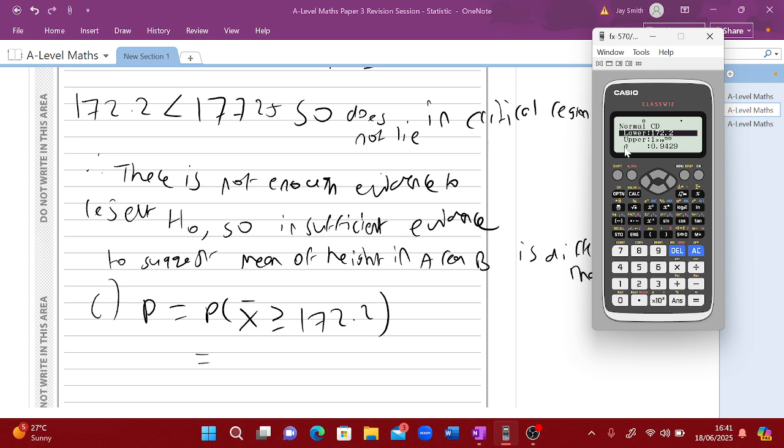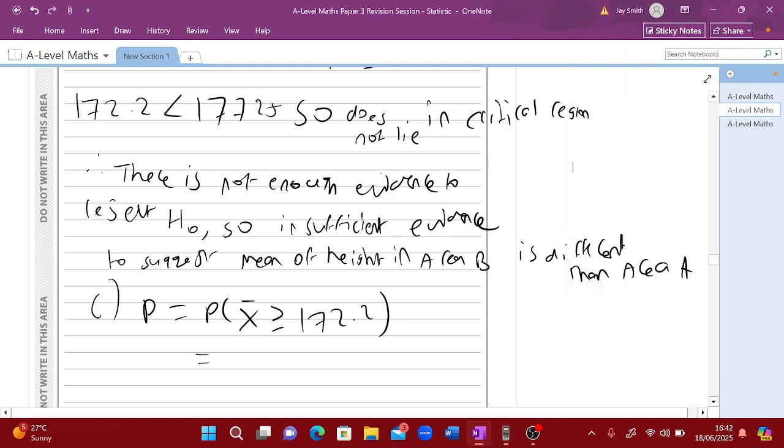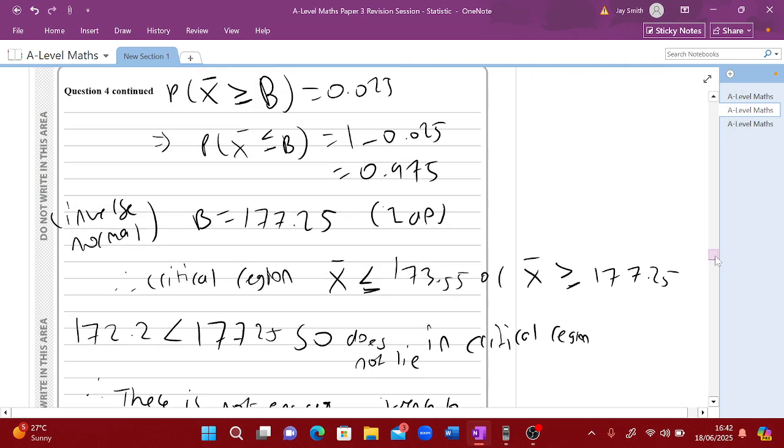So the lower limit would be 172.2. The upper limit would obviously go to infinity. The sigma value was 10, and I made sure to square root it this time. The mean is still 175.4.